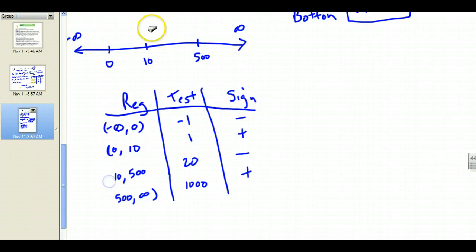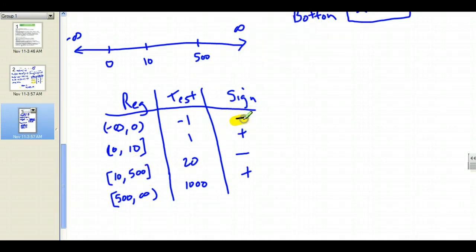But I put brackets on the other ones because this time 0 is not off limits. So a bracket at 10, bracket at 500.